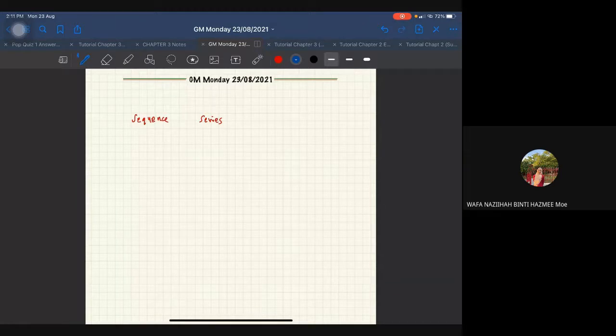Lepas tu ada A, first term. A sama dengan 1. Lepas tu kalau ada D, D dia berapa? T2 tolak T1 sama dengan 1. Okay, so itu adalah sequence.